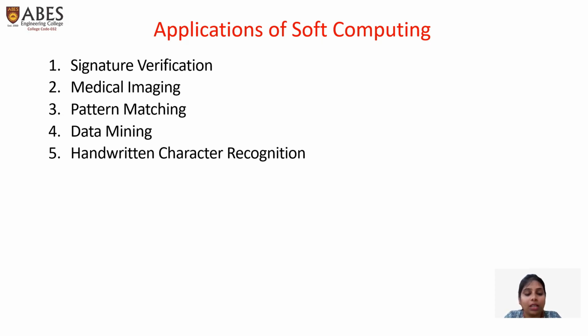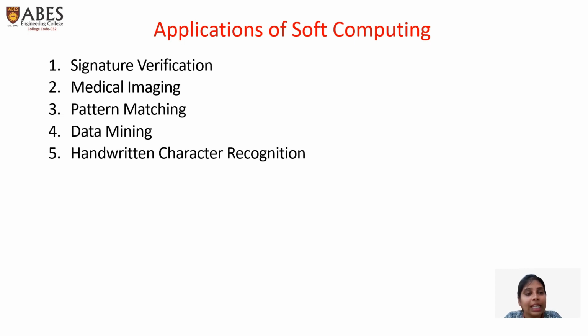Next is data mining. There are many models which have a lot of data in them, so here we can use soft computing with the help of fuzzy logic to mine the data. And at last, an application can be handwritten character recognition.